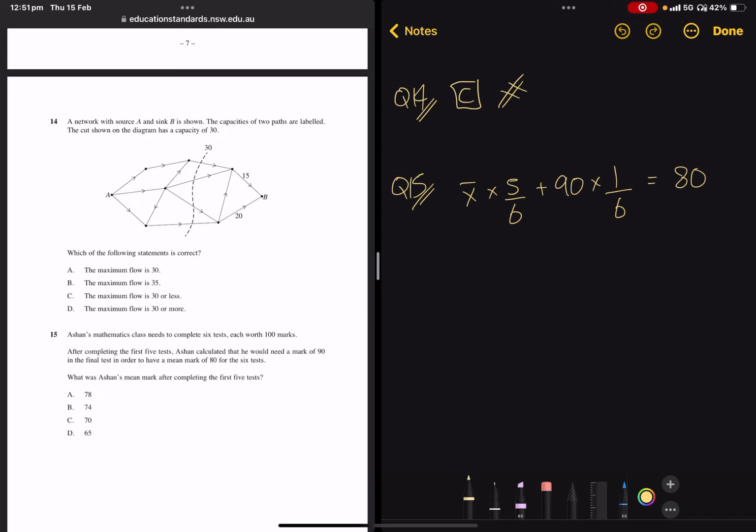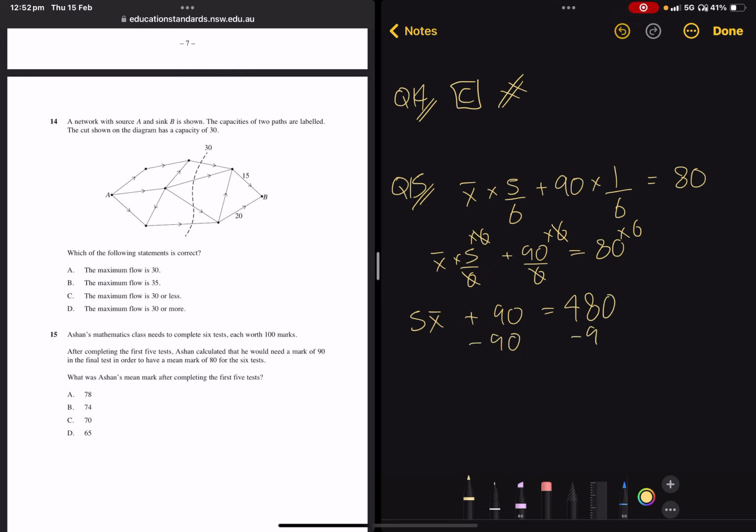So we have x bar times 5 on 6 plus 90 on 6 is equal to 80. Well, we could start by multiplying everything by 6. So this will cancel this 6, cancel this 6. This will give us 5 x bar plus 90 is equal to 80 times 6, which is going to be 480, minus 90 from both sides.